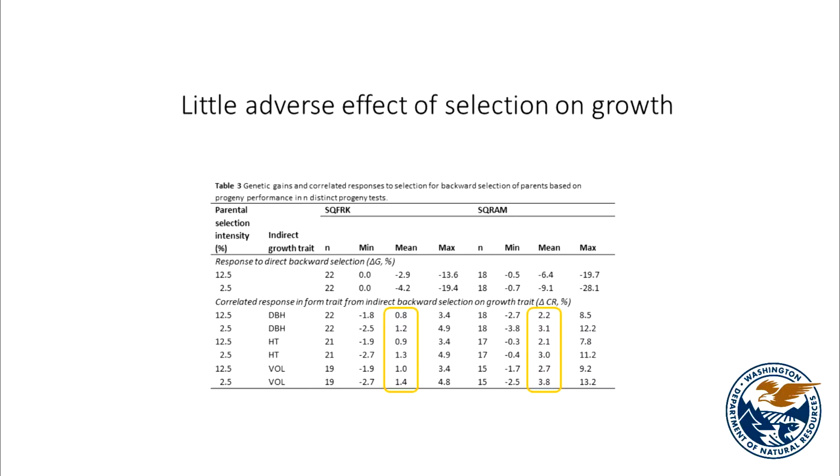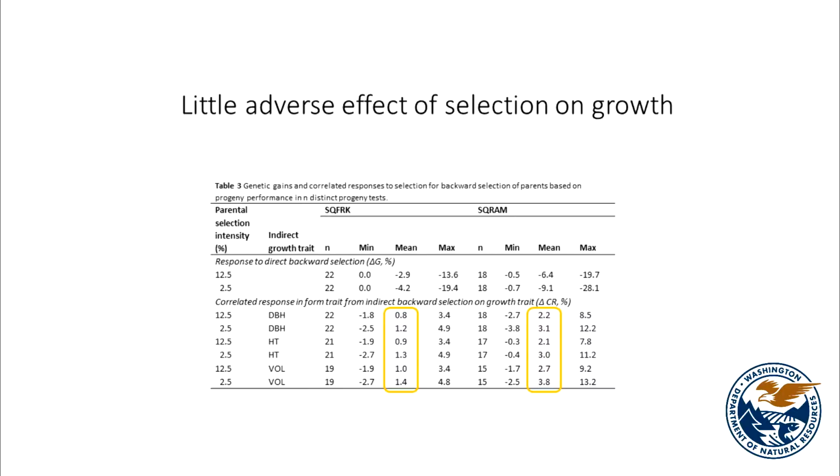And so if we were to select solely on stem form, we could, on average, reduce the frequency of forks by anywhere from 3% to a little over 4%, depending on our selection intensity. And we could reduce our ramicorn branching by anywhere from 6% to just over 9%, again, on average, depending on our selection intensity.